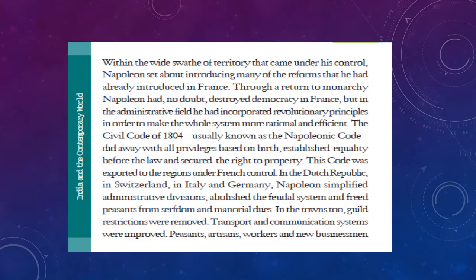In this situation, Napoleon decided to introduce some new laws and reforms in this part of Europe. Napoleon was confident about these reforms as he had already introduced them in France, where they were widely accepted by the people. Also, you know that France had attained democracy by the French Revolution of 1789. But when Napoleon came to the throne in 1804, they lost the democratic nation and it went back to monarchical rule, that is, under Napoleon.